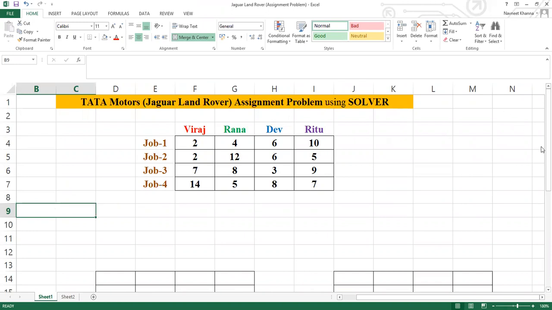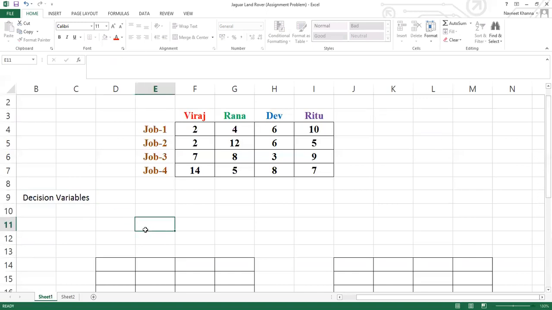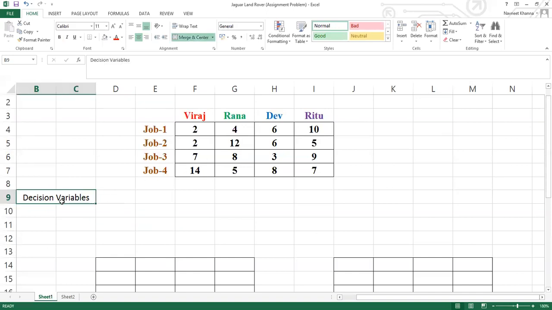First, you can write down the decision variables.